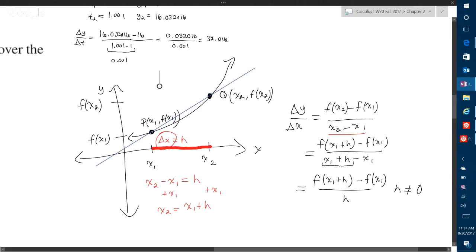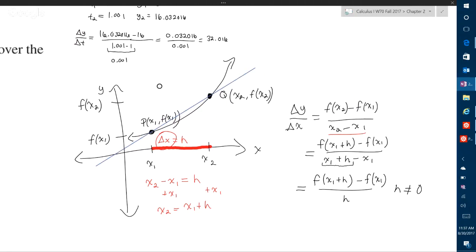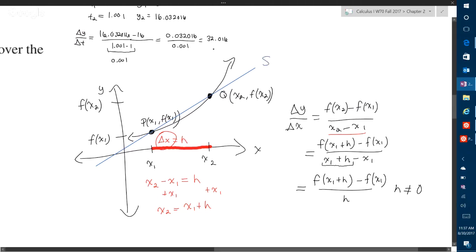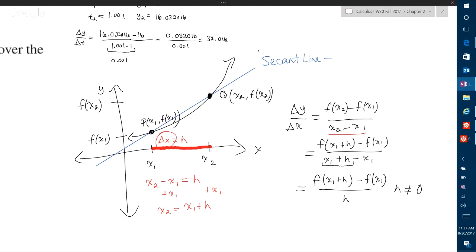This is called the secant line. And the secant line is the line joining 2 points on a curve.